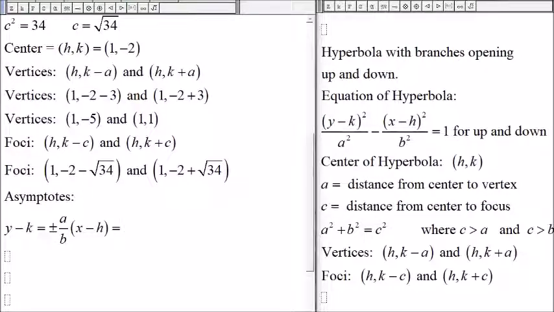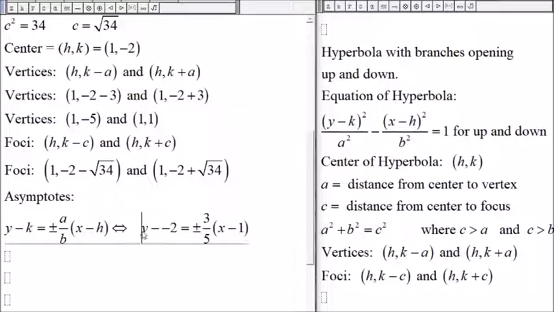And so in this case we get plus or minus 3 over 5, and then x minus h is 1.